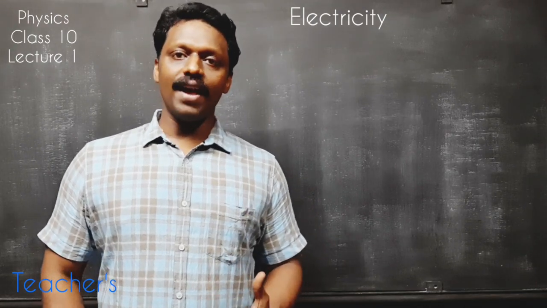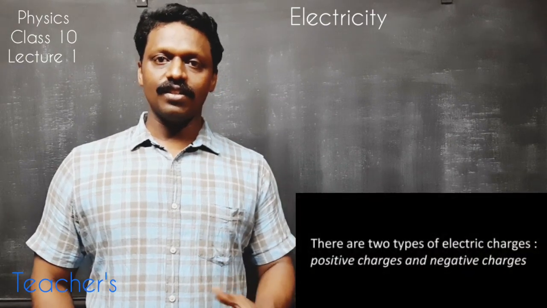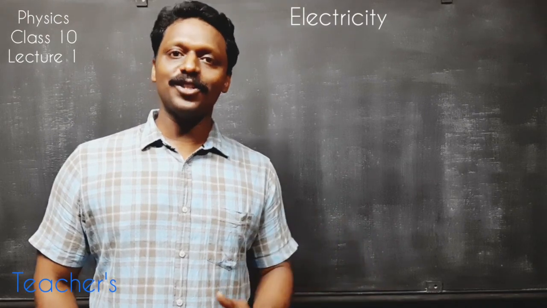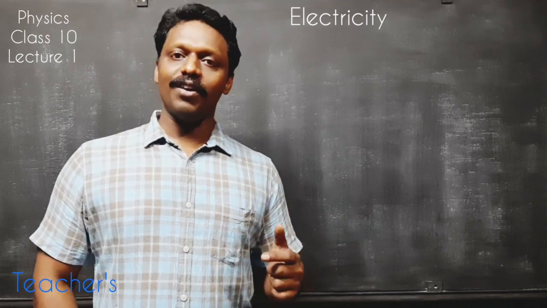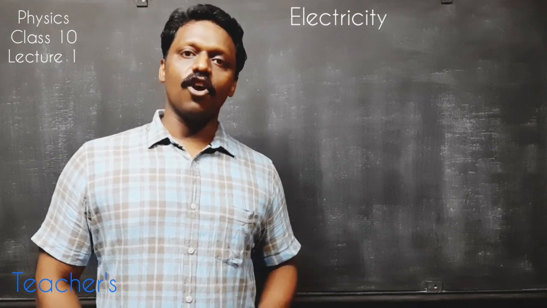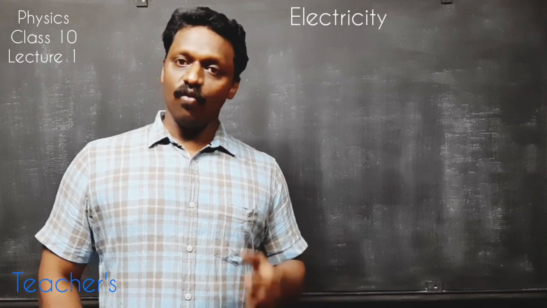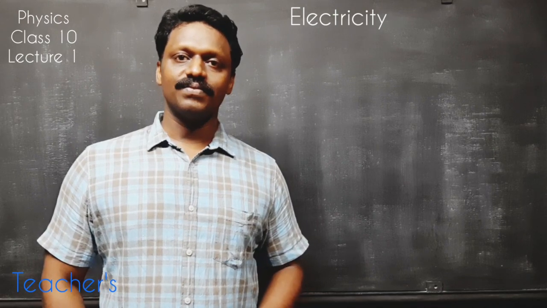Now we will discuss types of electric charges. It has been found by experiments that there are two types of electric charges, positive and negative. By the way, we have now come back to our syllabus. By convention, the charge acquired by a glass rod when rubbed with a silk cloth is called positive charge, and the charge acquired by an ebonite rod when rubbed with a woolen cloth is called negative charge.